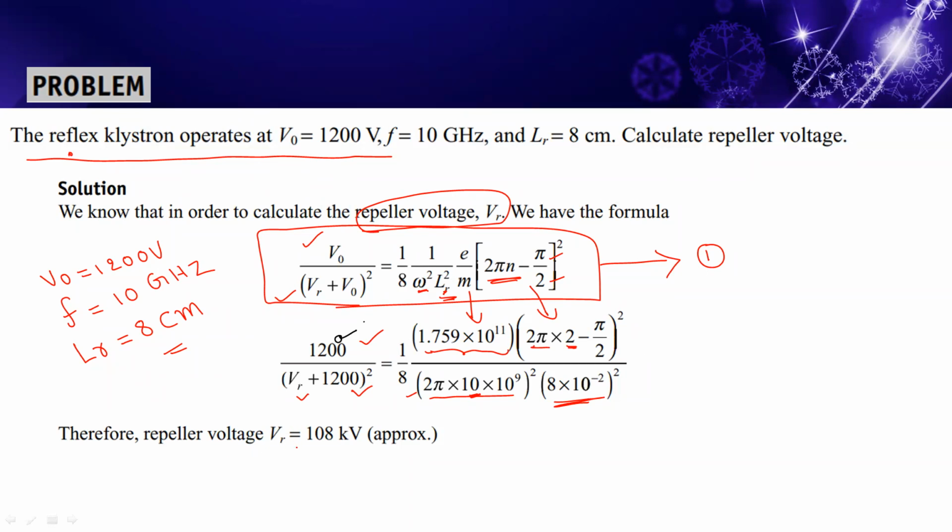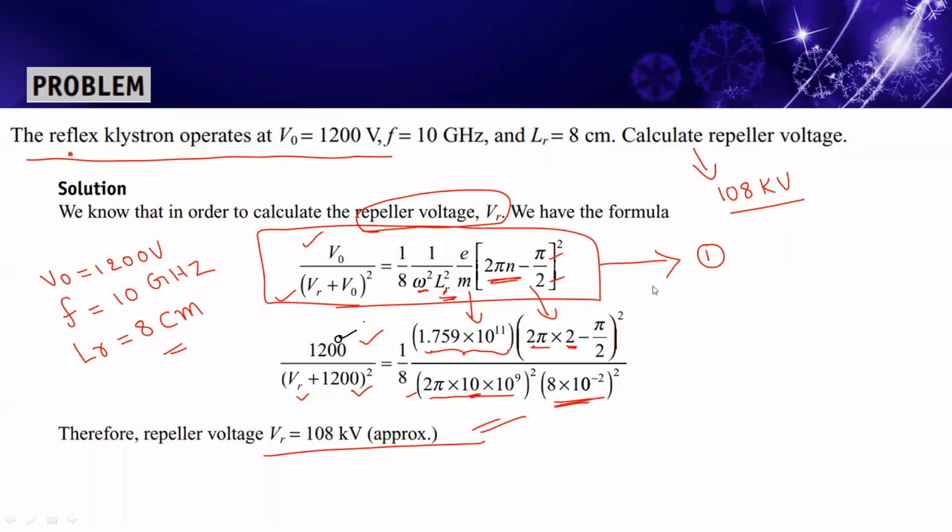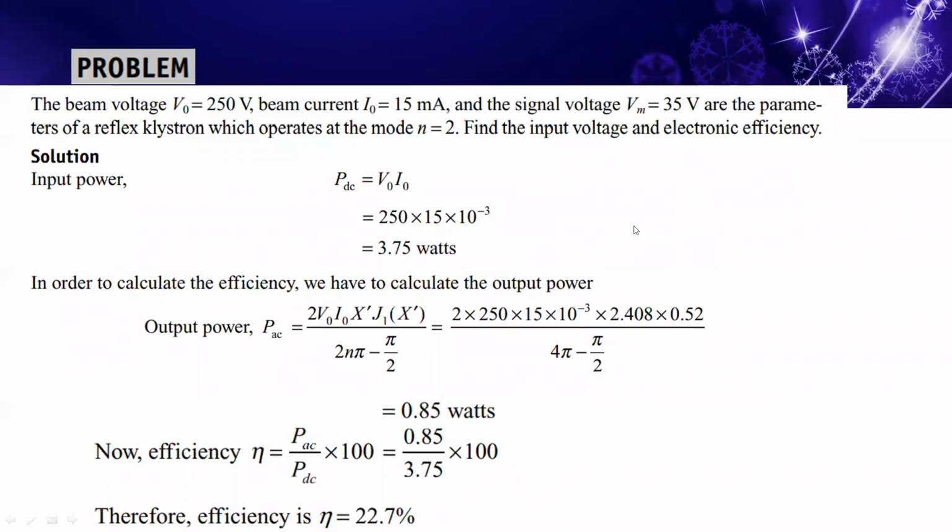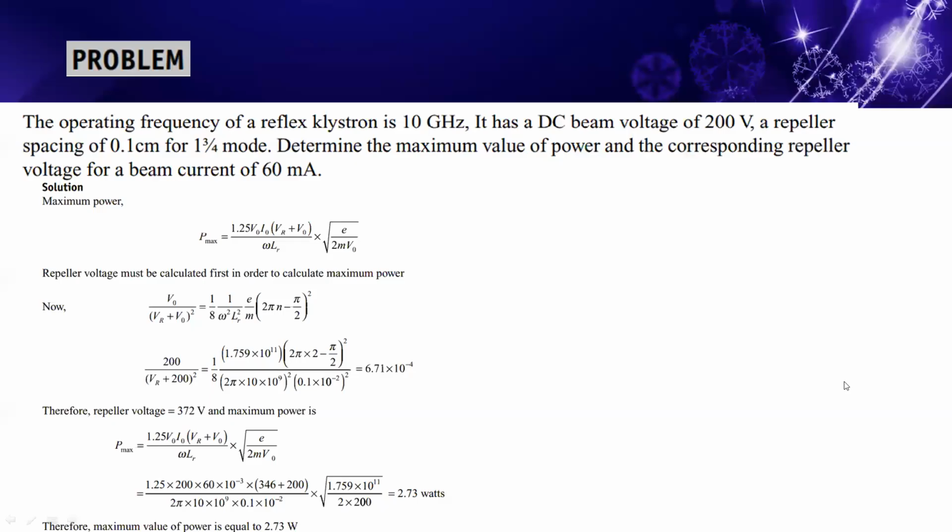So by solving all this one, you are able to calculate the repeller voltage. So approximately 108 kilovolt. Take snapshot. Next problem number 4.